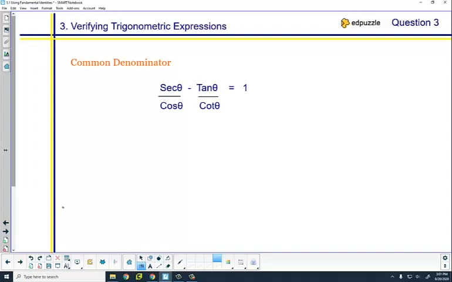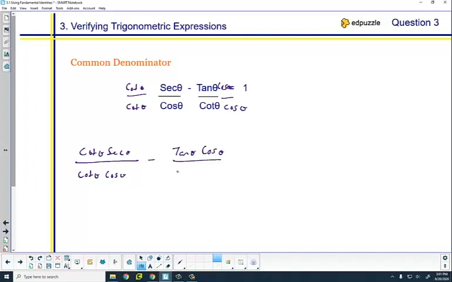First thing we're going to do is make a common denominator. So here I have cosine, here I have cotangent. So I'm going to multiply by cotangent over cotangent and cosine over cosine. Okay, so let's take this slow. Cotangent secant divided by cotangent cosine minus tangent cosine over cotangent cosine equals 1.